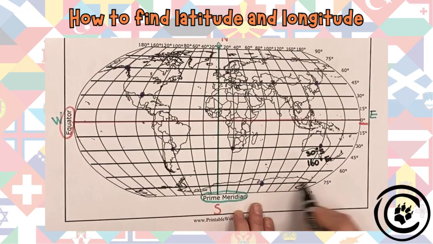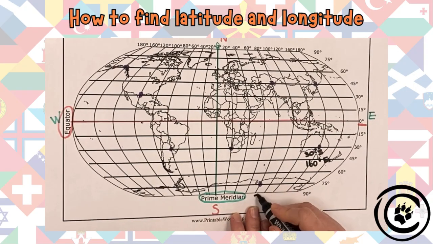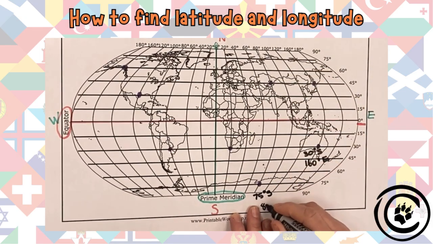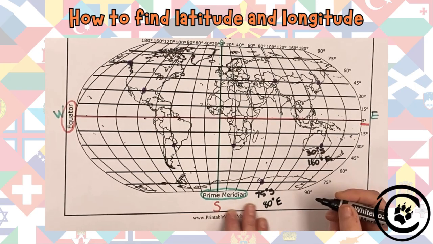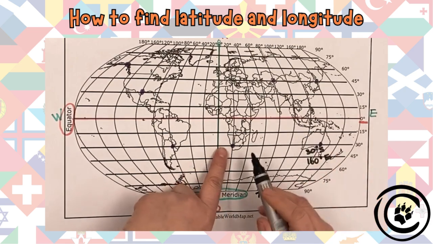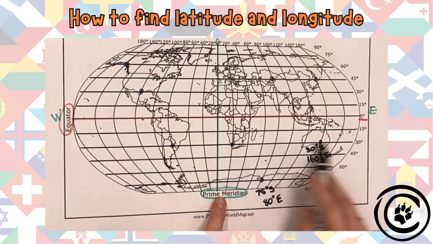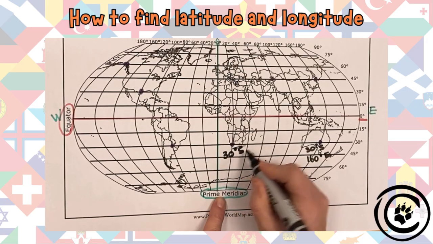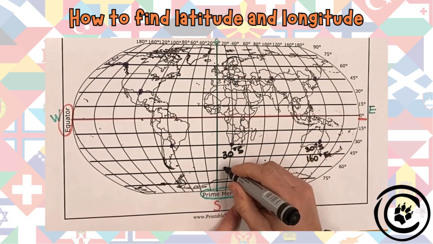Here we have 75 degrees south and 80 degrees east. Here in South Africa, we have 30 degrees south and 20 degrees east.